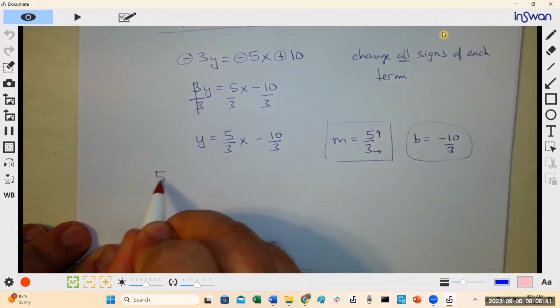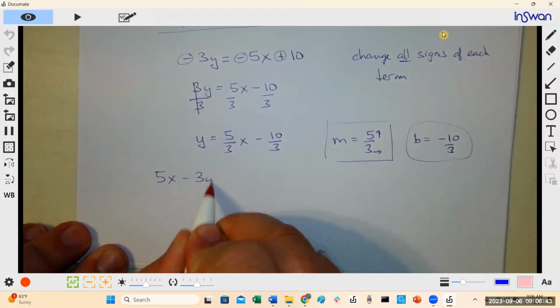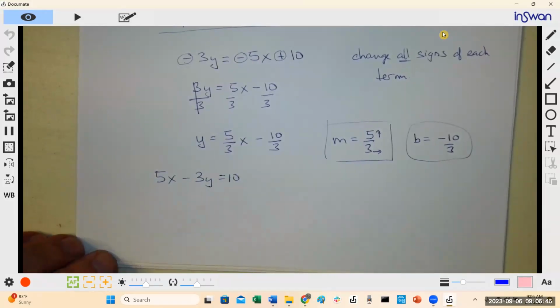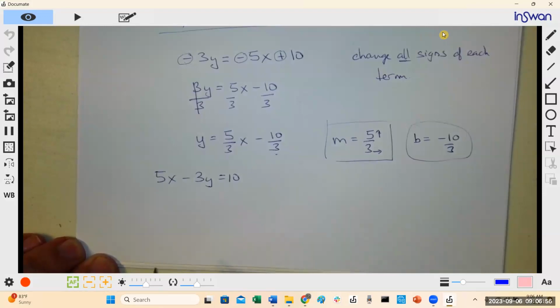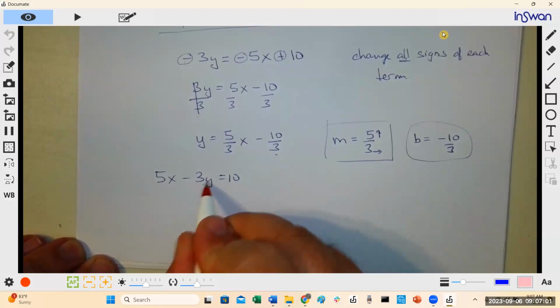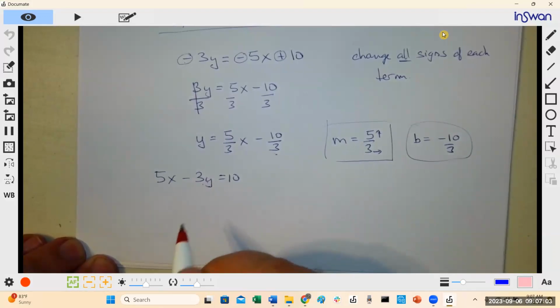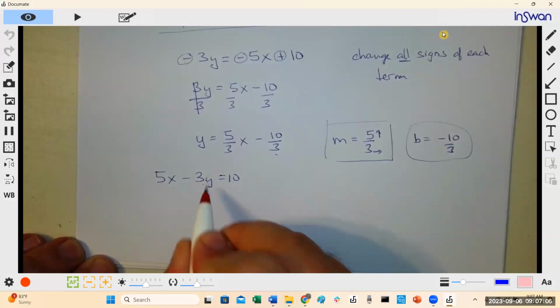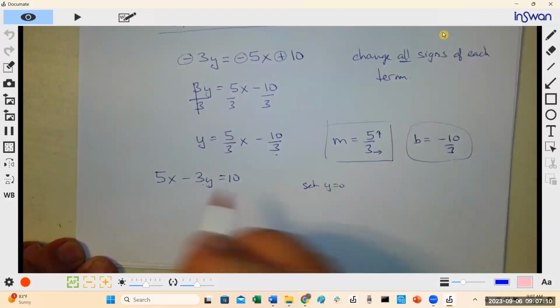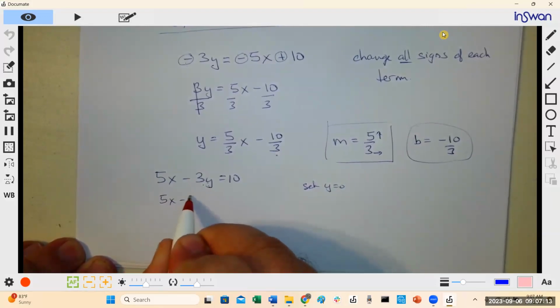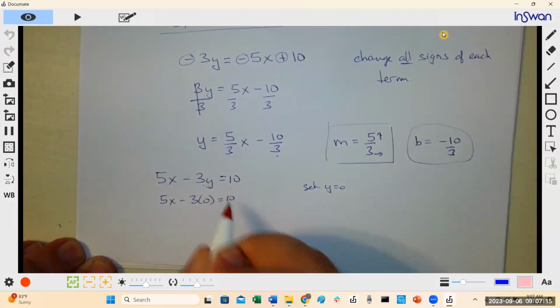Go back to our original equation. Now, what can we do? We have to find one point. Since the y-intercept doesn't work, it's a weird intercept. So what if we put y equal to 0? What if we find the x-intercept? If we set y equal to 0, we get 5x minus 3 times 0 equals 10.